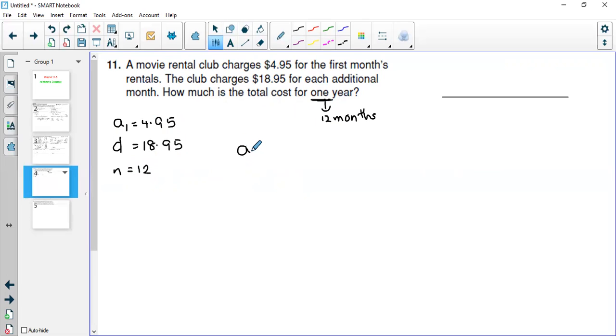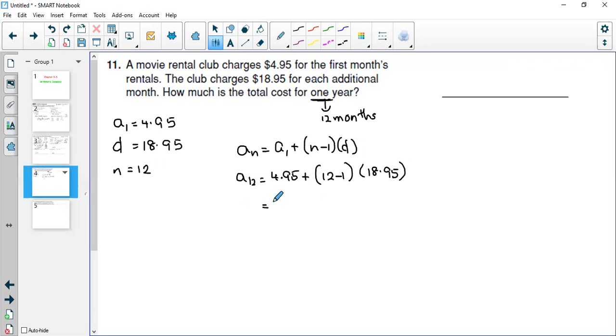What was the formula? A sub n equals a sub 1 plus n minus 1 multiplied by d. So a sub 12 is going to be equal to 4.95 plus 12 minus 1 multiplied by 18.95.